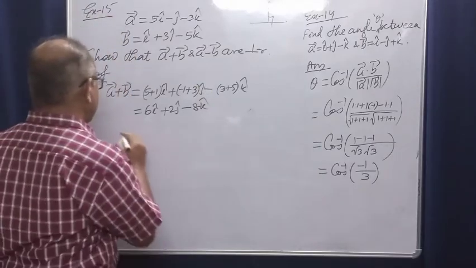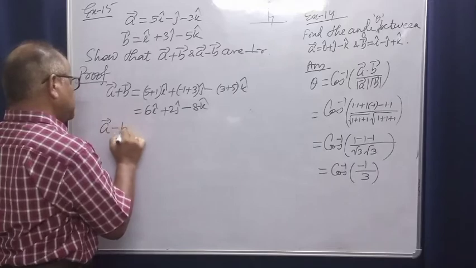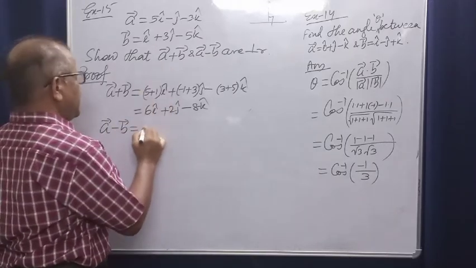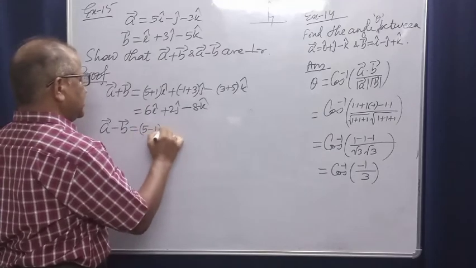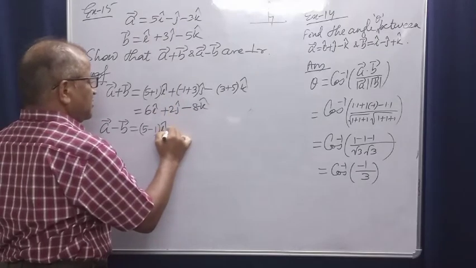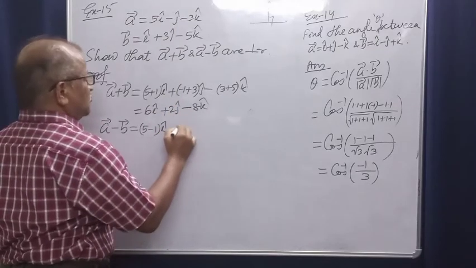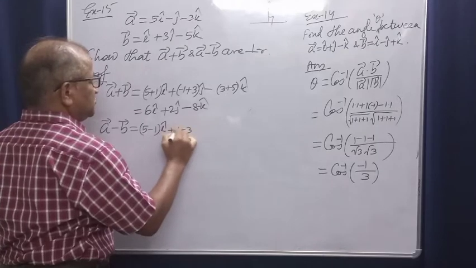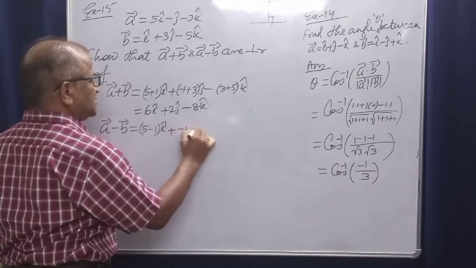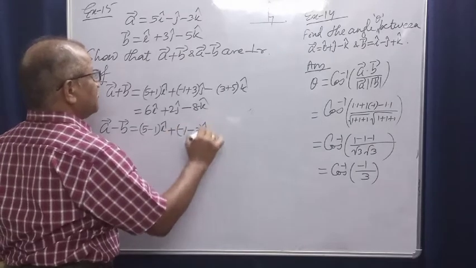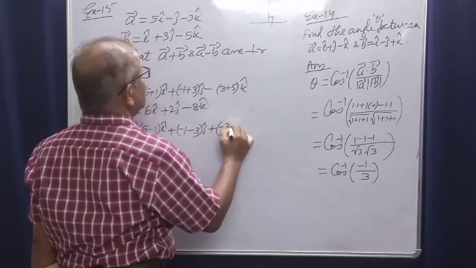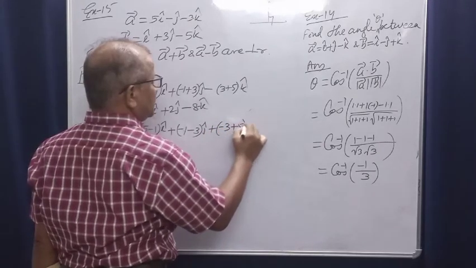Now what is A minus B? A minus B will be 5 minus 1 i cap. A1 minus B1. Then it is minus 1 minus 3, that means minus 1 minus 3 j cap, plus minus 3 plus 5 k cap.